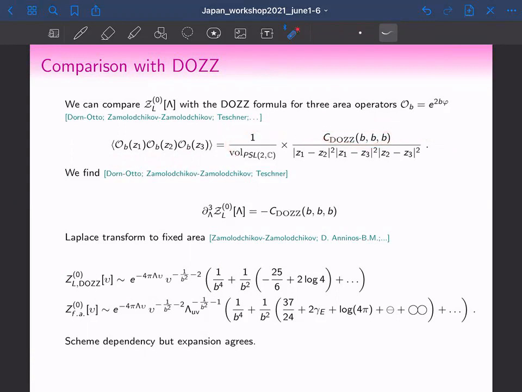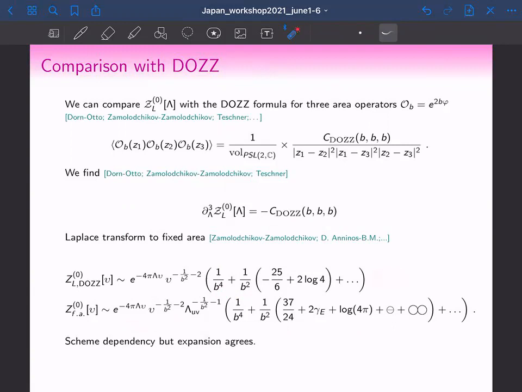Following these ideas of Zamolodchikov, Dorn, Otto and Teschner, we can also calculate the partition function on the sphere by integrating the DOZZ formula three times with respect to the cosmological constant. If you expand the partition function that you get from the DOZZ coefficient in small b, we get the following expansion. To some extent, what we've been doing is taking this contribution from DOZZ into different pieces.